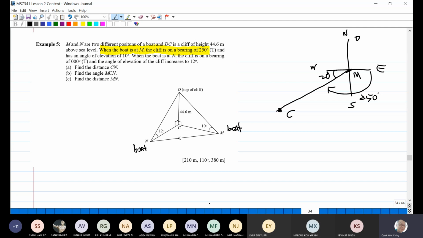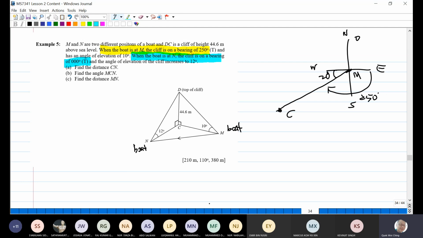Then when the ship is at N, there's another statement here. When the boat is at N now, the bearing is 000. What does it mean? 000 means directly north.